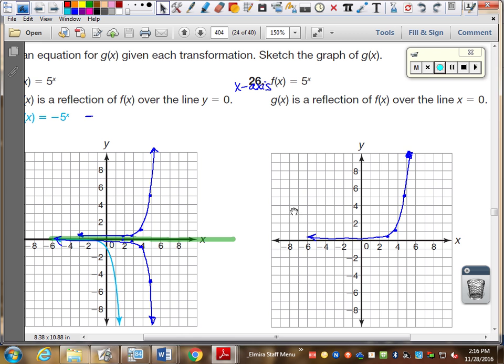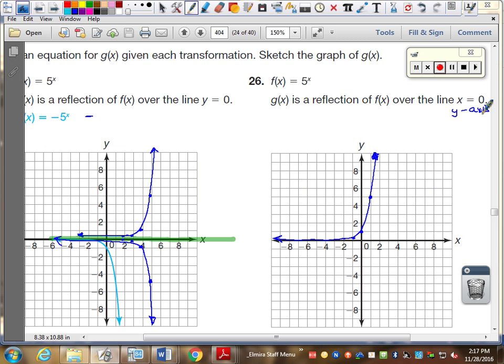Let me see if it'll let me move my, hey, there we go. Okay. X equals 0 means y-axis. So my g of x, if I'm reflecting over the y-axis, means 5 to the negative x, means I'm negating the x. I'm reflecting over the y-axis.